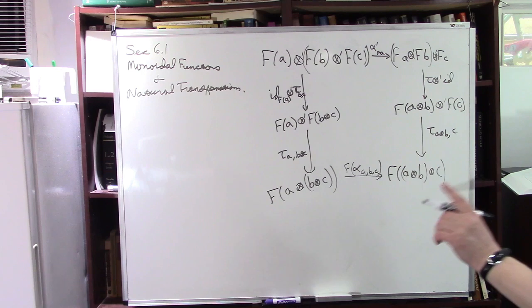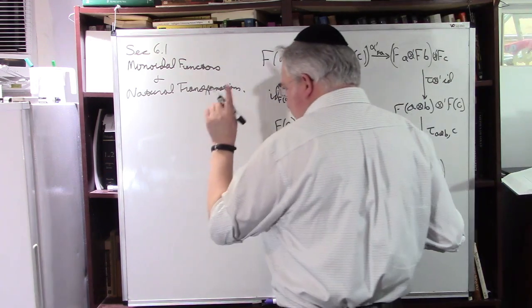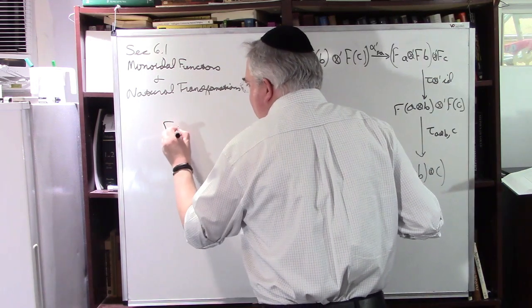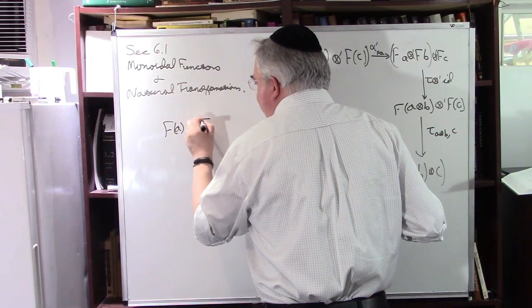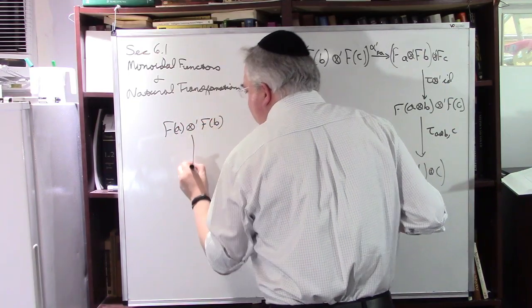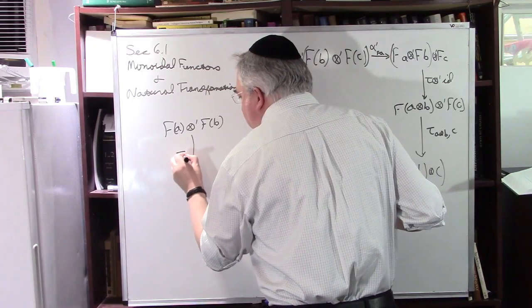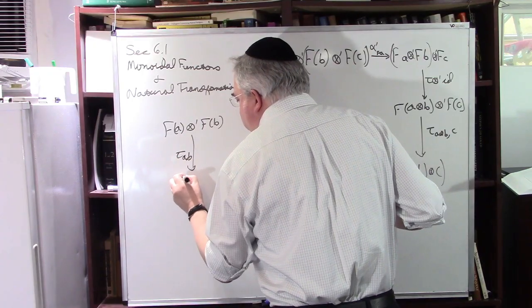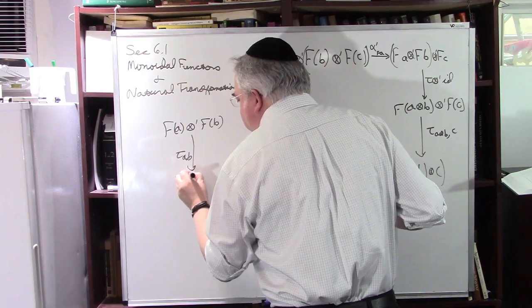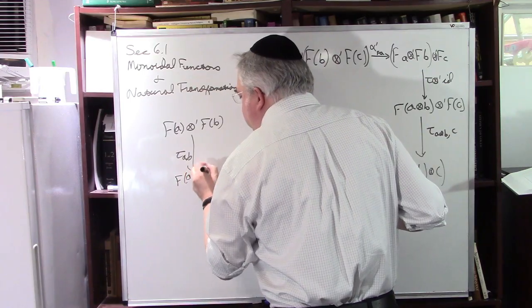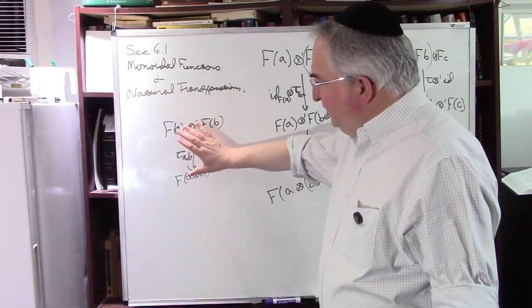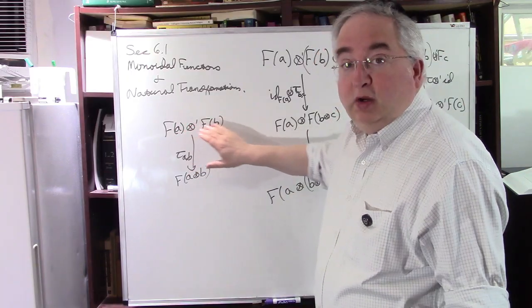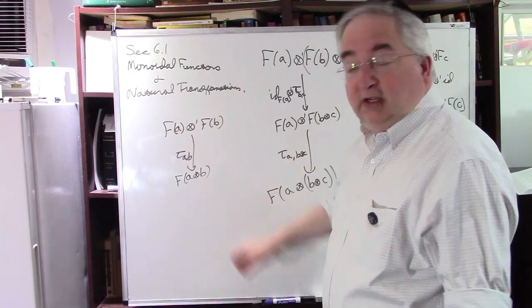Okay, but I want to just say one thing, and we're going to see this a little bit later. Okay, and the idea is this is a statement about 2 letters funneling into 1.